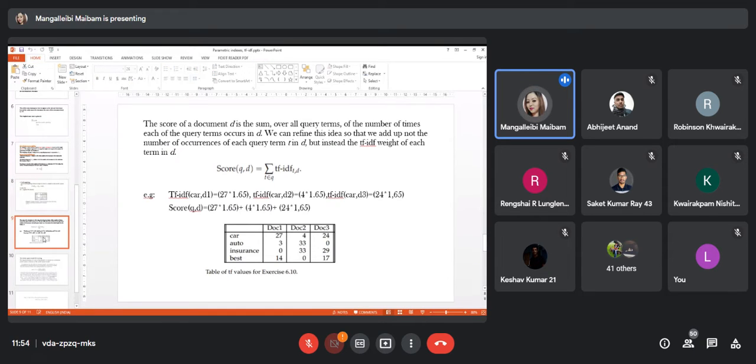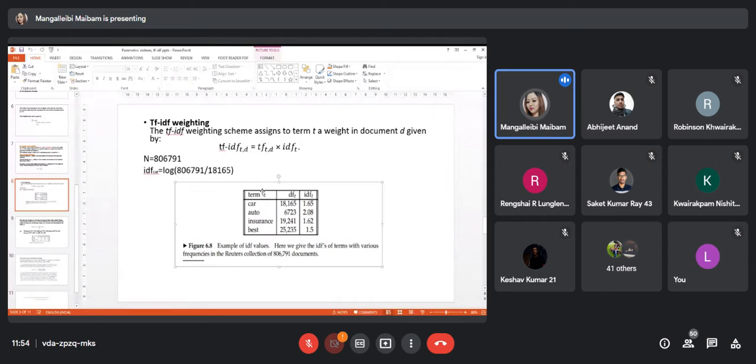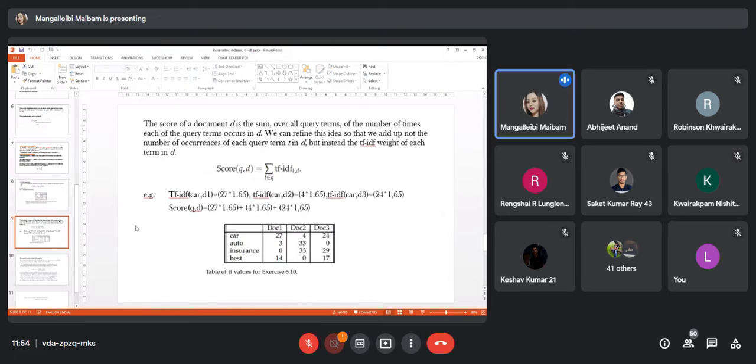Okay. Then for finding the score, for all the terms you have to find the TF-IDF in all the respective documents, and finally you do a summation. The initial table given here is for the whole collection, the DF_t is for the whole collection, but here D1, D2, D3 are given for respective documents.